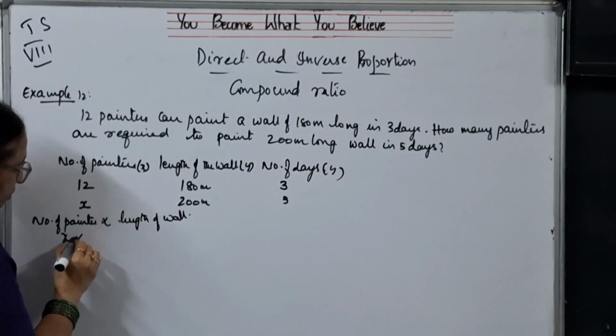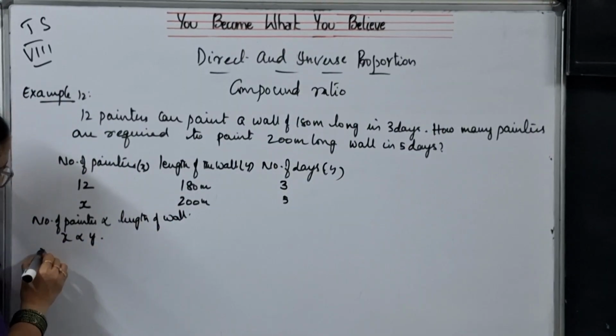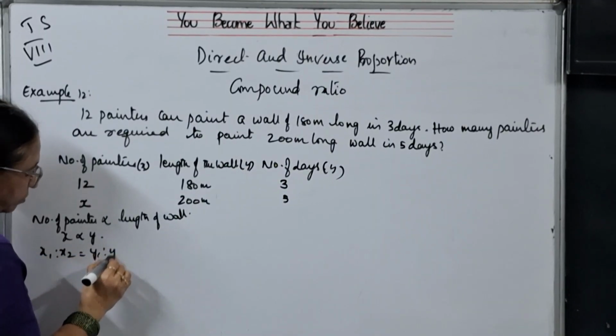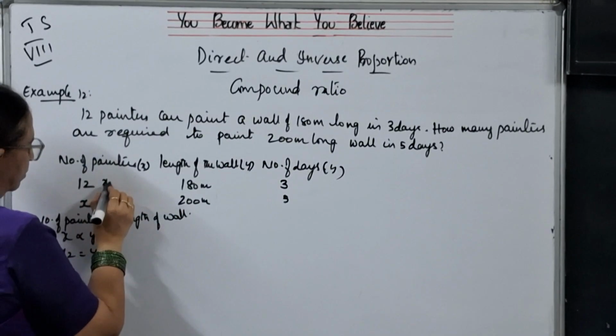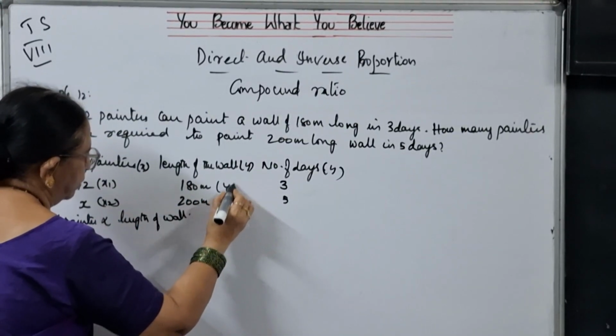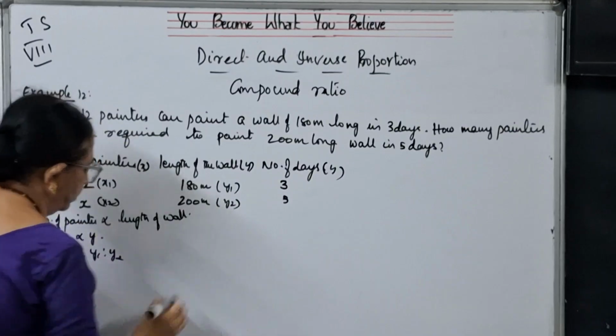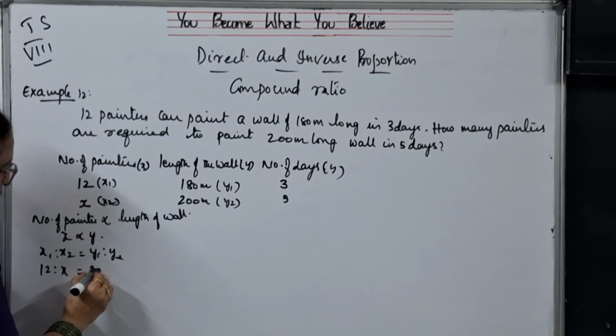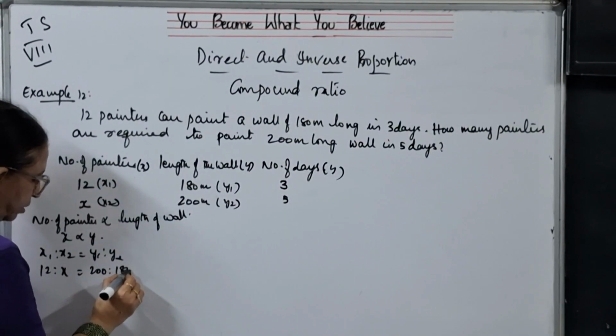That means x is directly proportional to y. So x1 is to x2 is equal to y1 is to y2. So this is x1, this is x2, this is y1 and this is y2. So 12 is to x is equal to 200 is to 180.